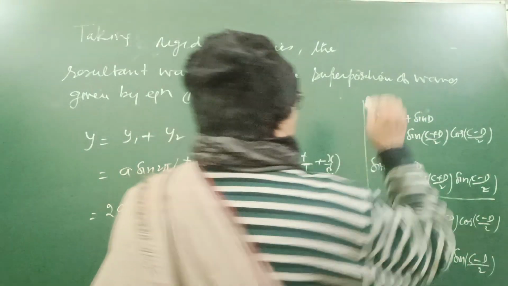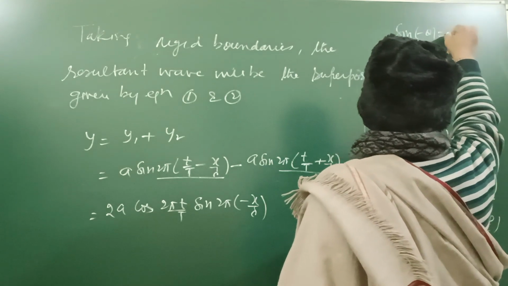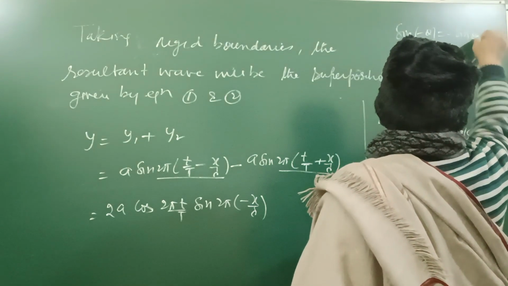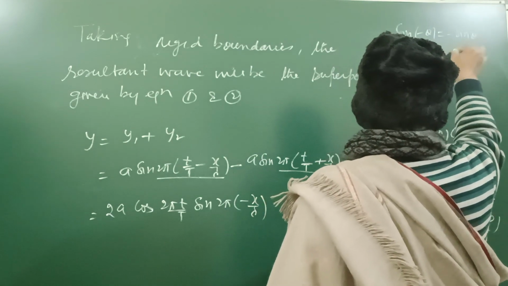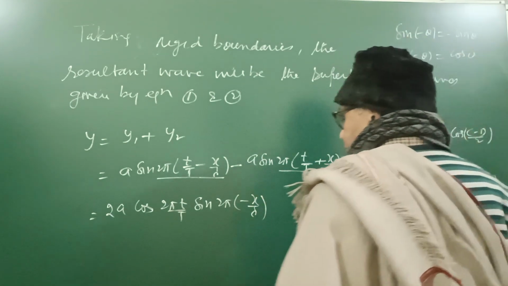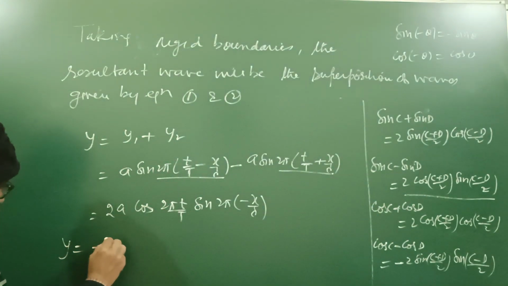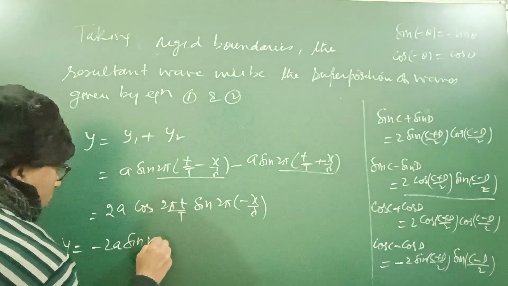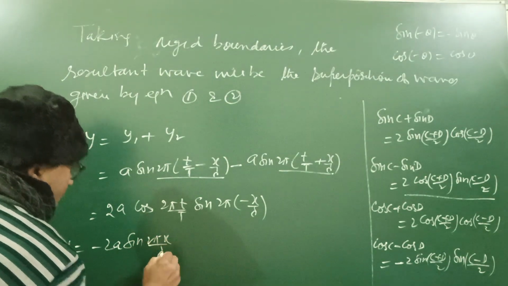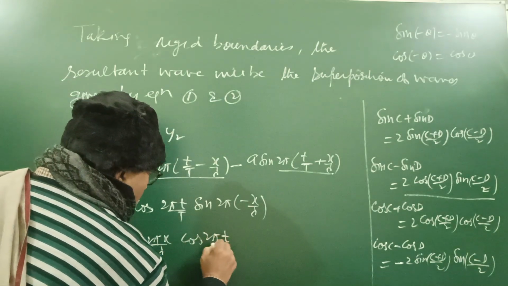Remember also, sine of minus theta is equal to minus sine theta, and cos of minus theta is equal to cos theta. So this equation will come out as minus 2a sine 2 pi x upon lambda cos 2 pi t upon T.